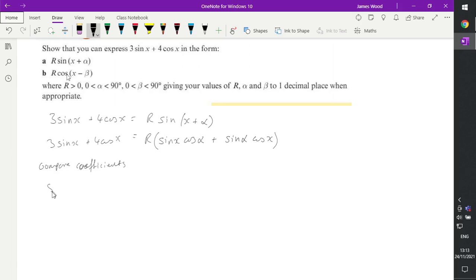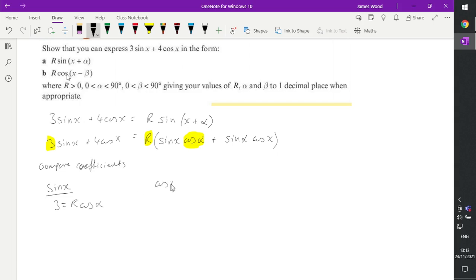So if I look at my coefficients of sine x on both sides, what am I multiplying sine x by? On the left-hand side, I'm multiplying sine x by 3. And on the right-hand side, I'm multiplying sine x by r, and I'm also multiplying it by cos alpha. So I can say that 3 is the same as r cos alpha.